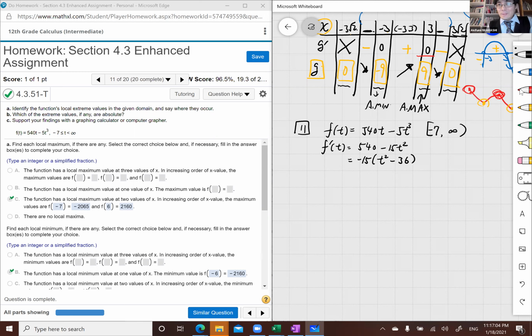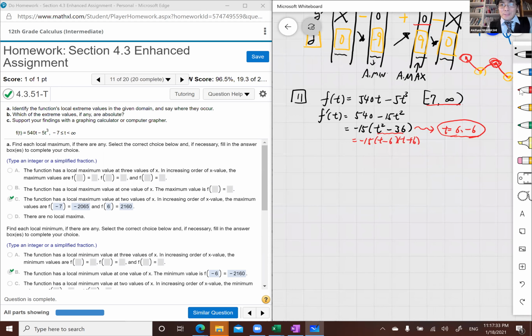So the critical points are when this becomes 0, right? It's going to be 6 and -6. You have to be careful about the domain, whether these are included. In this case, both of them are included, so both are critical points for this problem.